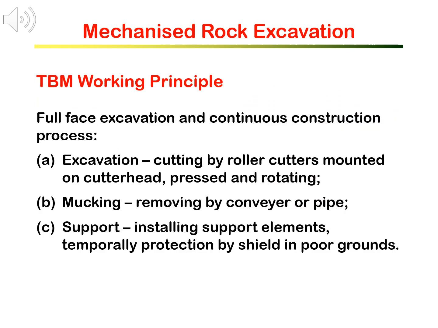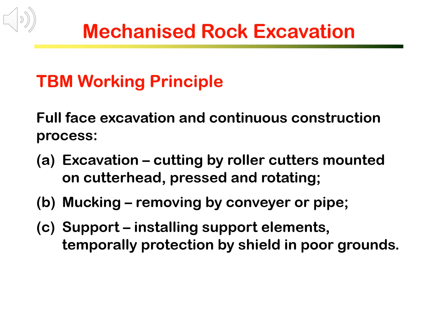Again, let us see how a TBM works in terms of excavation, mucking, and supporting. Excavation is done by the roller cutters mounted on the rotating cut head. They are pressed against the rock face, breaking the rocks.